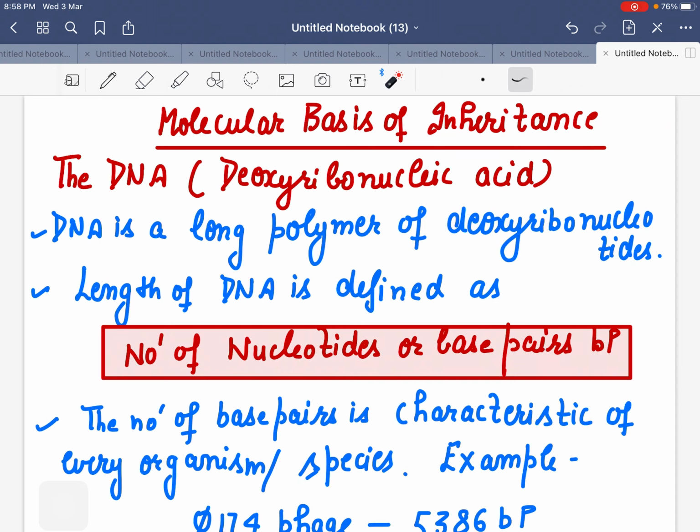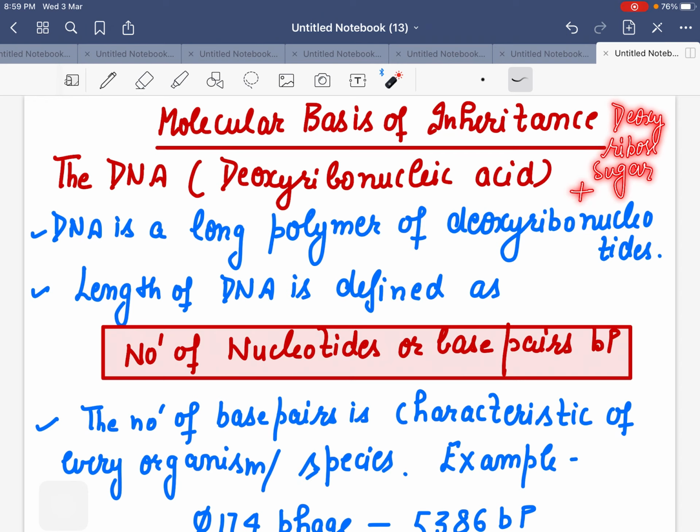Now what is actually DNA made up of? We know that DNA is a long molecule, so it is a polymer. It is a molecule made up of a polymer of nucleotides. And which nucleotides? Deoxyribonucleotides. Deoxyribose is a sugar, right?